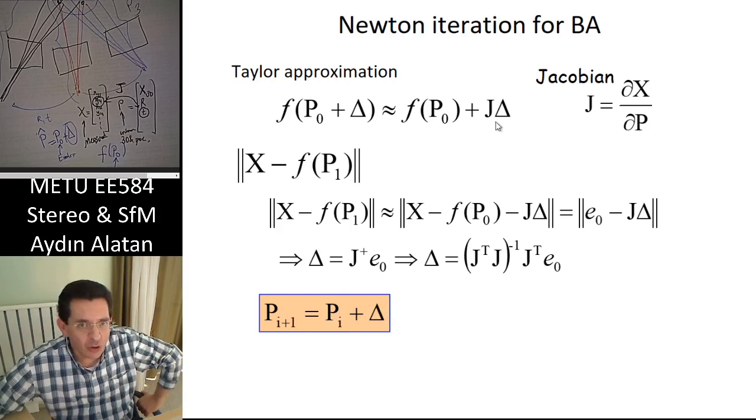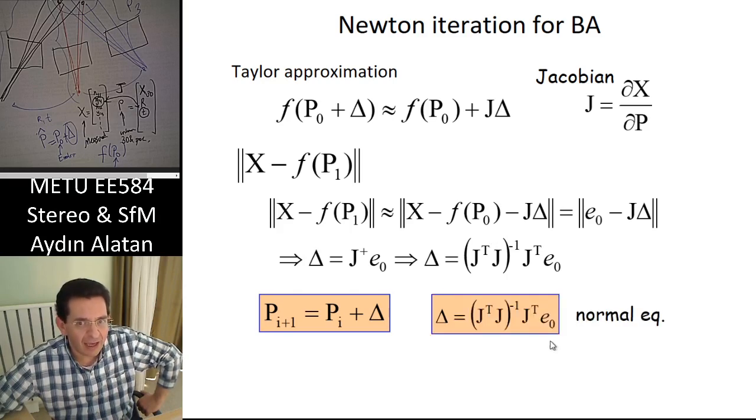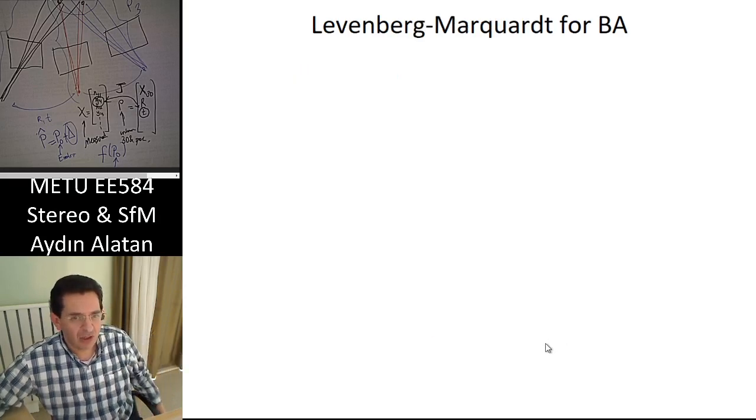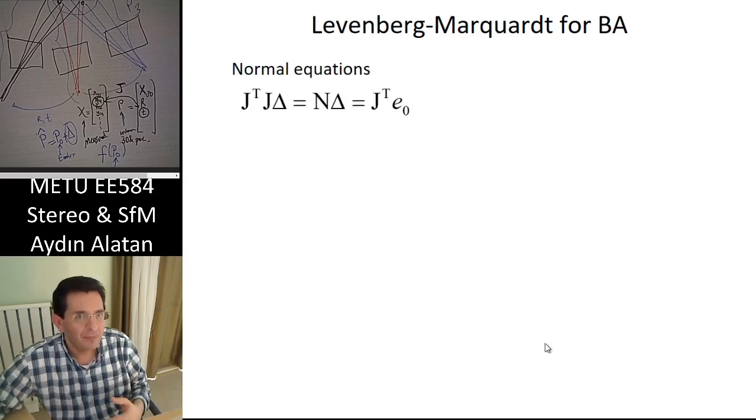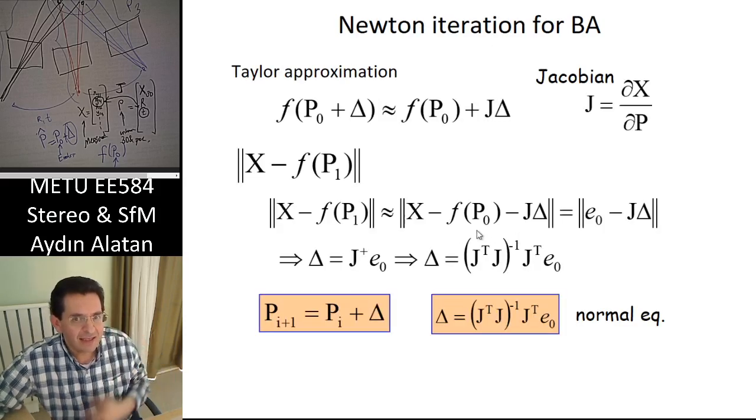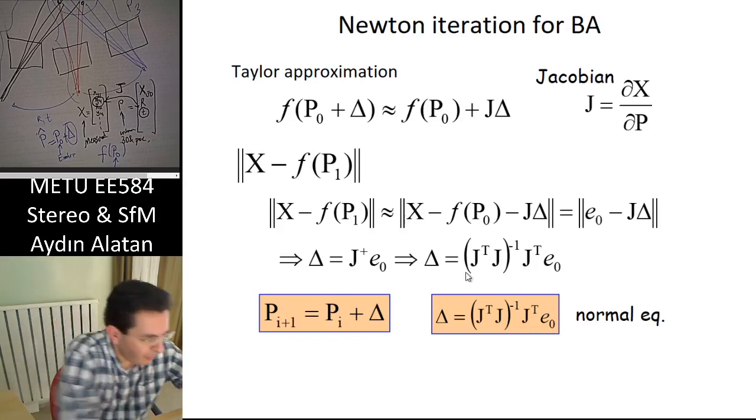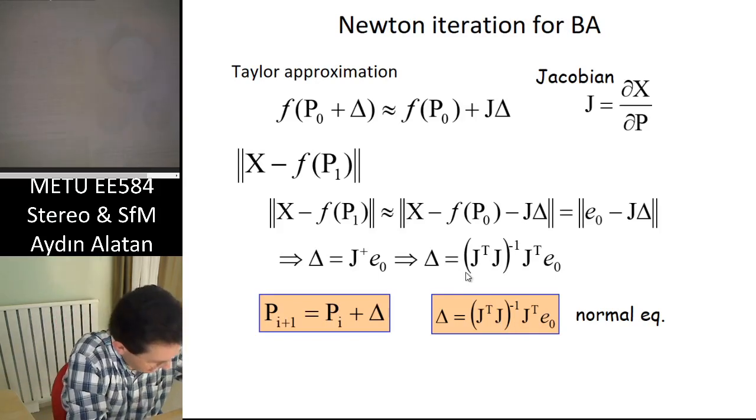Now this assumes such an approximation is correct, a quadratic approximation, and this is called the normal equation. The Levenberg-Marquardt is an extension to it. Please note this is the tricky part.